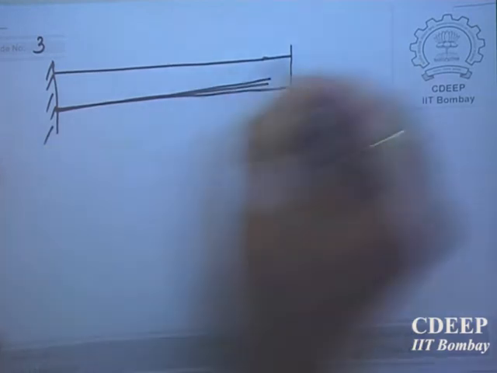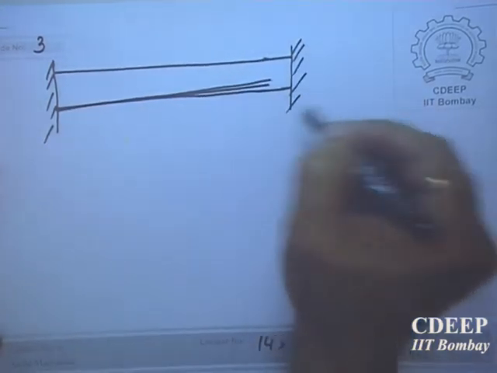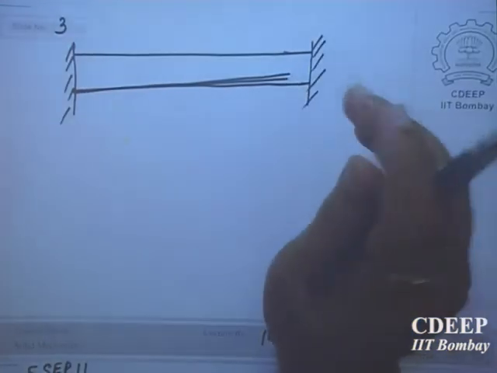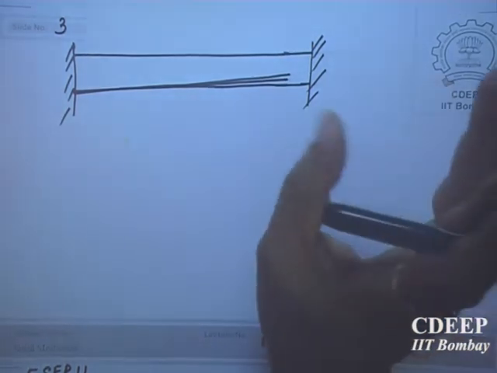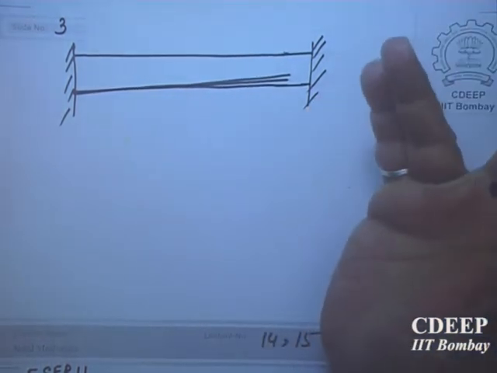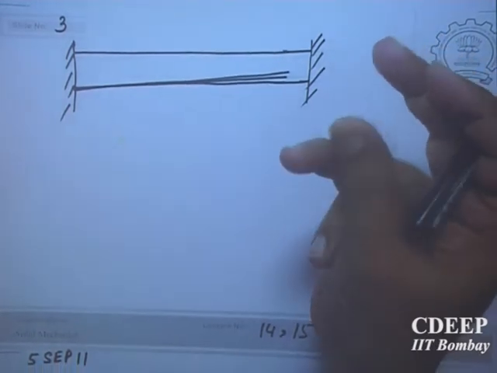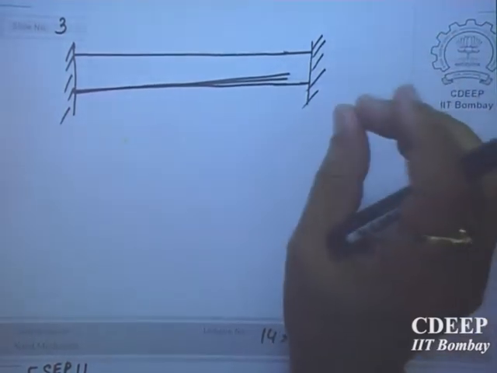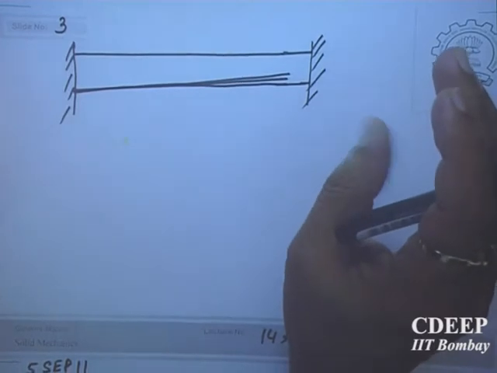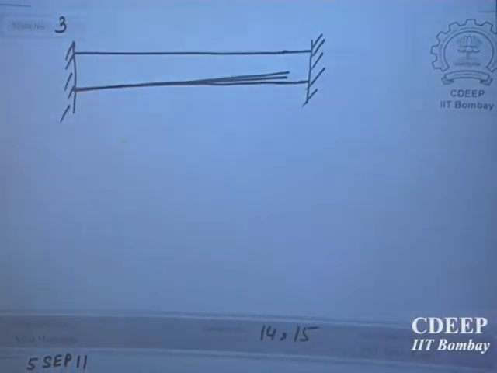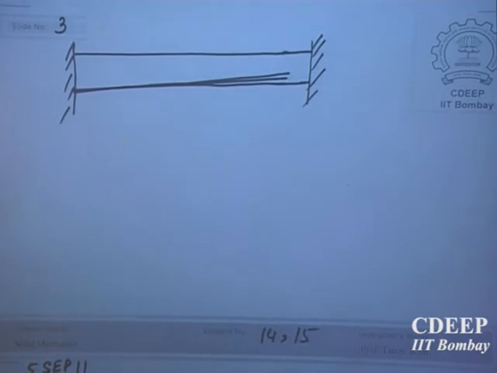Both ends are solid cross section, but whether it is solid or hollow does not make any difference, except J will be changing. What will be the J of a hollow cross section? Instead of pi d^4 by 32, it will come out to pi by 32 times d outside to the power 4 minus d inside to the power 4.